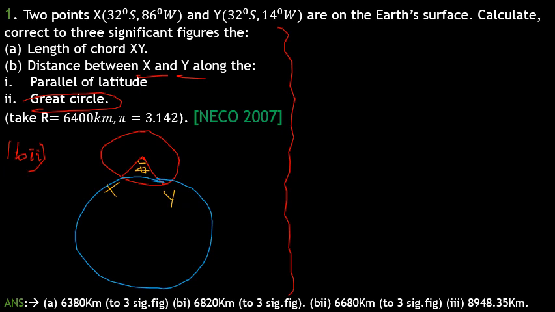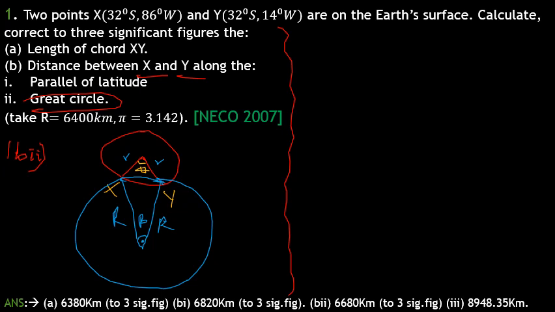This is the great circle, and I'm going to trace it like this. So this is capital R, this is capital R, this one is small r, this is small r. This angle here is theta. Let's call this angle here beta, just for the sake of clarity.